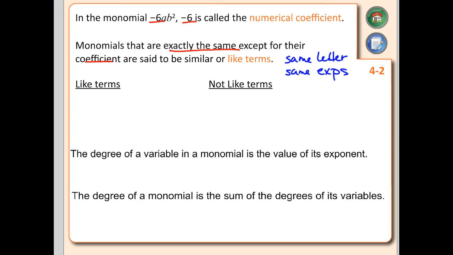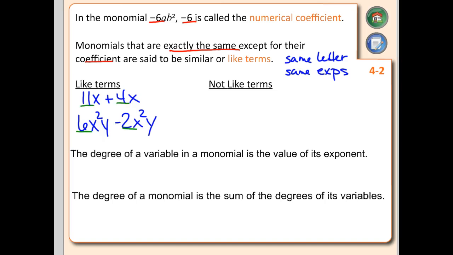Now, what are some examples of like terms? Well, we know that's going to be something like 11x plus 4x. It could be 6x squared y minus 2x squared y. If you notice, my letters and my exponents are exactly the same. The only thing that's different are the coefficients out in front.